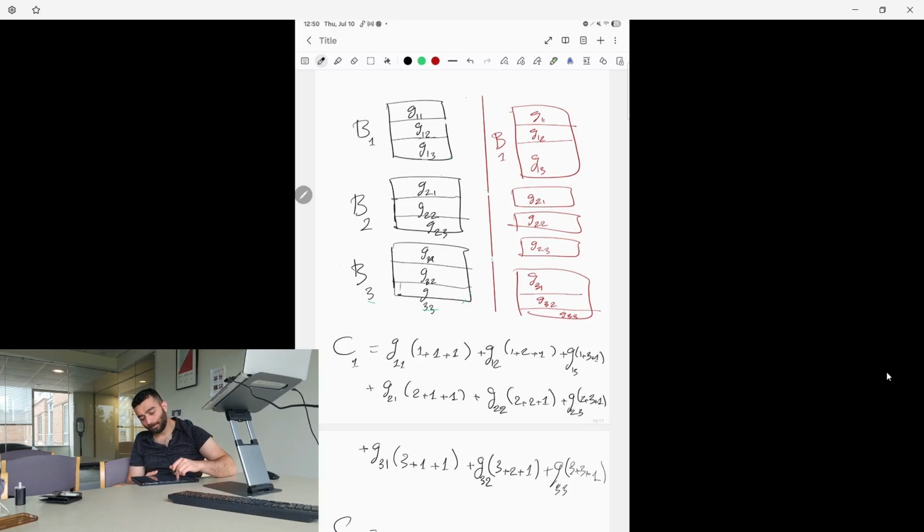We have C1, which is this term. And then C2 will be, prior to K, up to K minus 1, it stays the same.